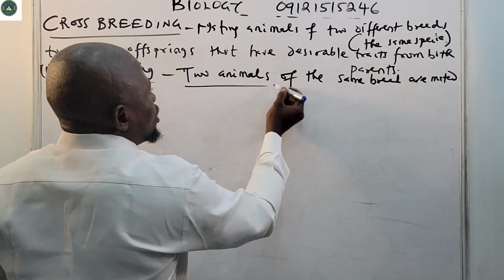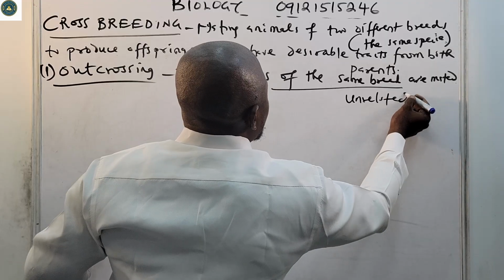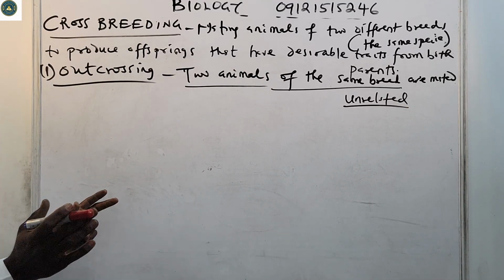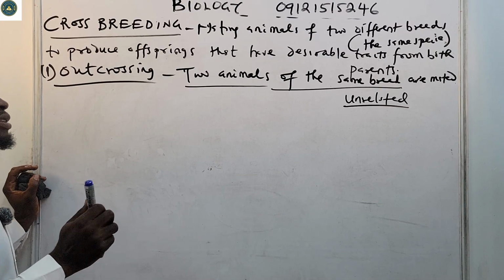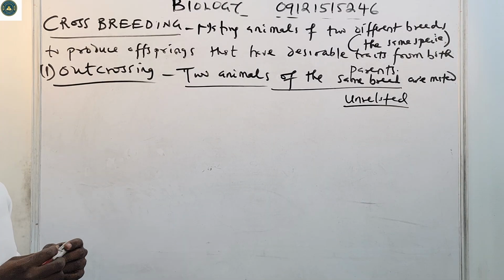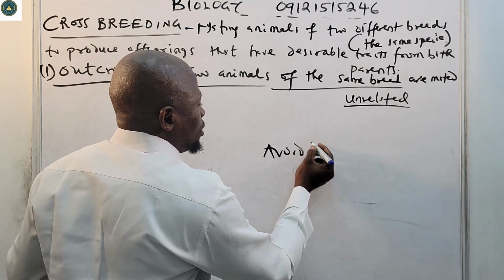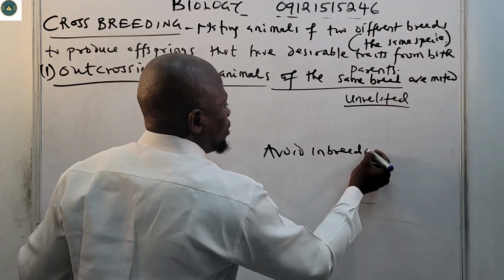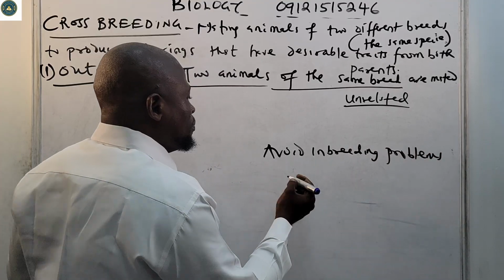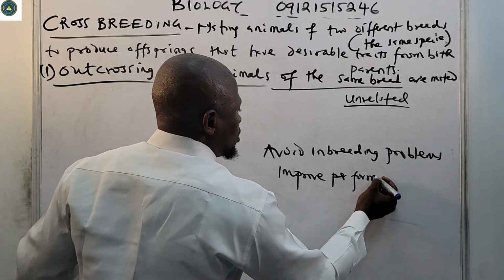When two animals of the same breed, which are unrelated, are mated together, the reason is to avoid inbreeding problems and to improve performance.